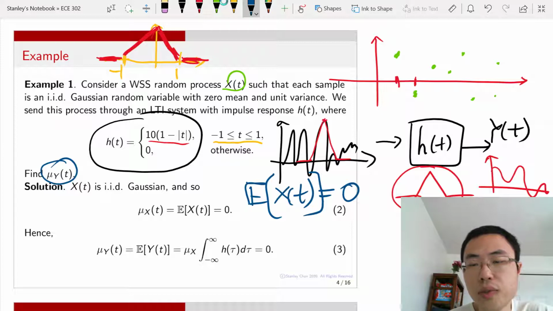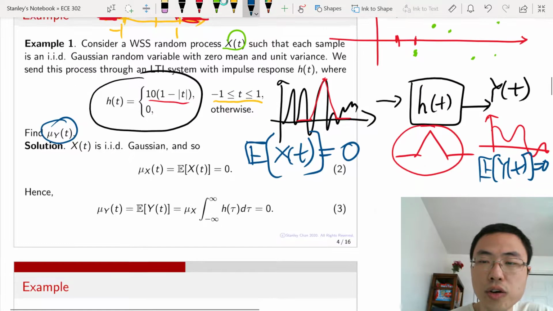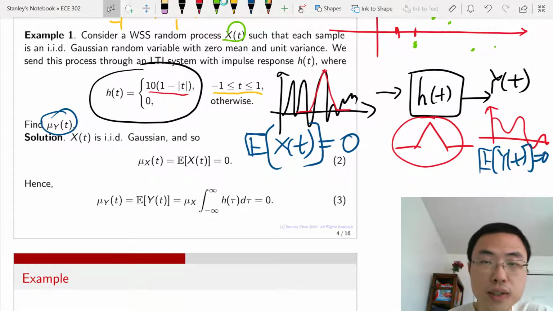When you have the 0 mean, you go through this impulse response, you get some output. The output's mean shouldn't change. It should still be 0. So the expectation of y of t, according to our intuition here, according to this diagram, it should be 0.